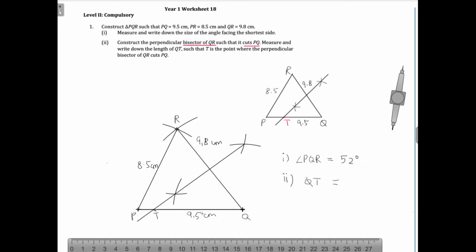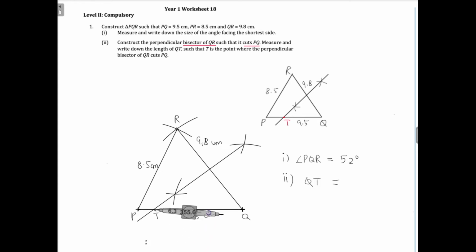T is here. Right, and we have to measure the length of QT. So to measure the length of QT, we bring the compass to the point T and extend the line.